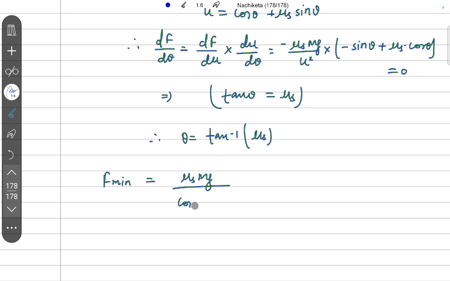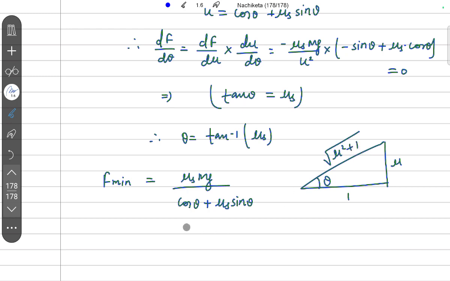ये था हमारा cos थीटा प्लस म्यू एस sin थीटा. अब tan थीटा म्यू दे रखा है. This is mu, so this will be 1 and this will be root under mu square plus 1. तो ये कितना हो जाएगा?